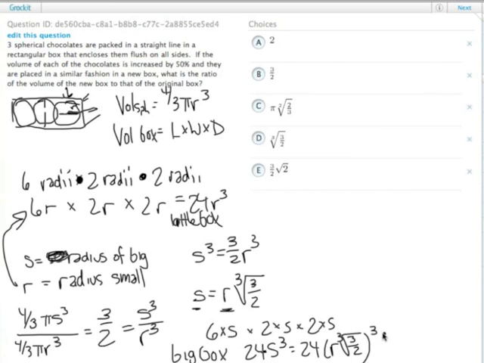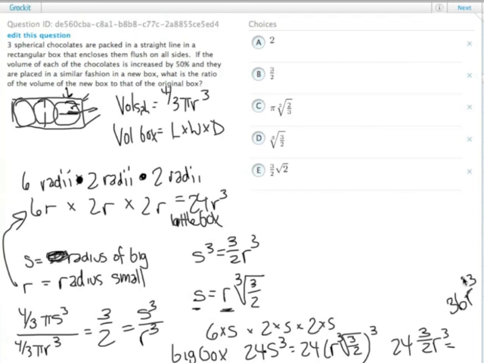So if you cube the cube root of 3 halves, you get 3 halves. If you cube r, you get r cubed. And the 24 stays the same because that wasn't having anything done to it. So 24 times 3 halves r cubed equals 36 r cubed.